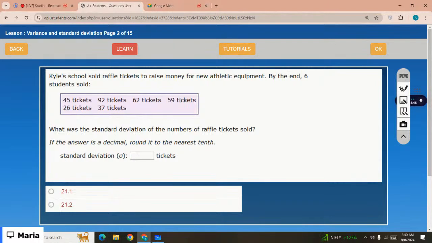Calais School sold raffle tickets to buy new athletic equipment. 6 students sold tickets. What was the standard deviation of the numbers of raffle tickets sold? So which is the correct option?